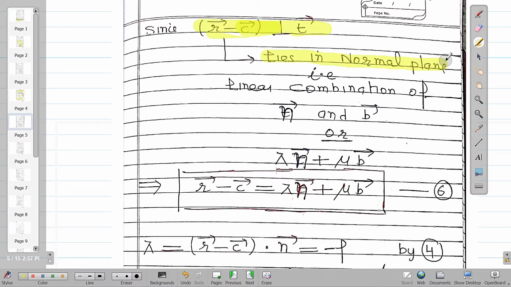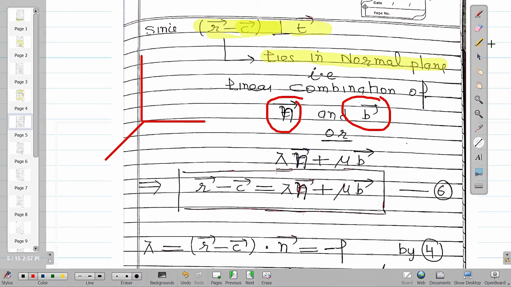If it is perpendicular to t, then it lies in the normal plane. So what is the normal plane? The normal plane is a linear combination of the n and b vectors. Why is it a linear combination of n and b vectors? Because t, n and b are three mutually perpendicular axes.